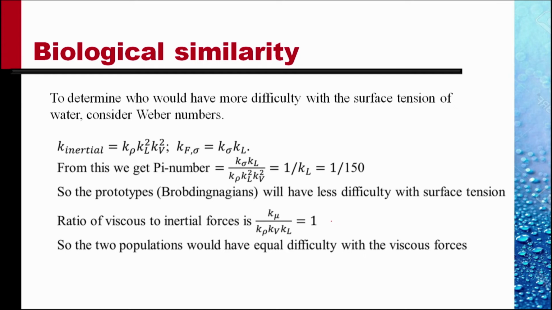Similarly, the ratio of the viscous to inertial forces is like 1 over Reynolds number. And so K mu divided by K rho, KV, KL should be 1. So the two populations would have equal difficulty with the viscous forces.